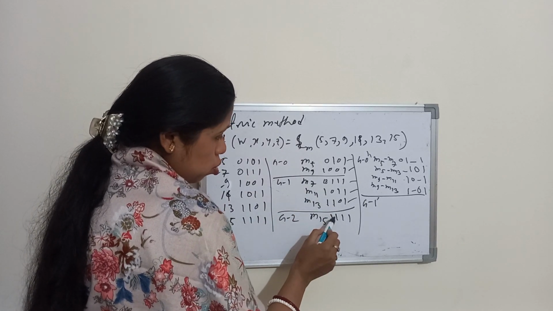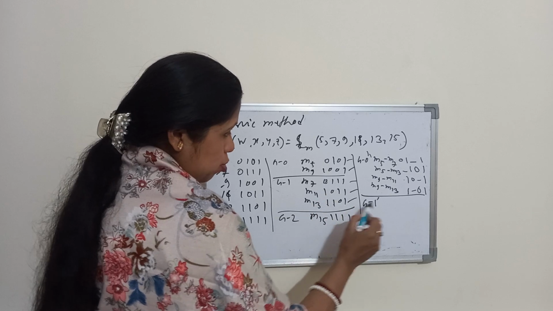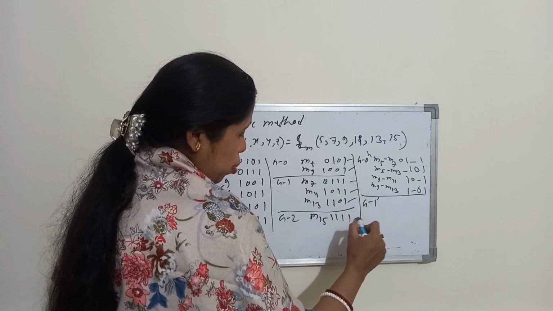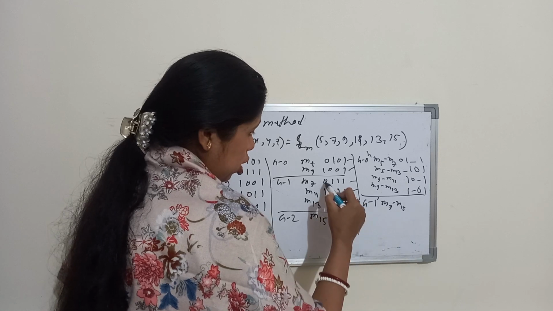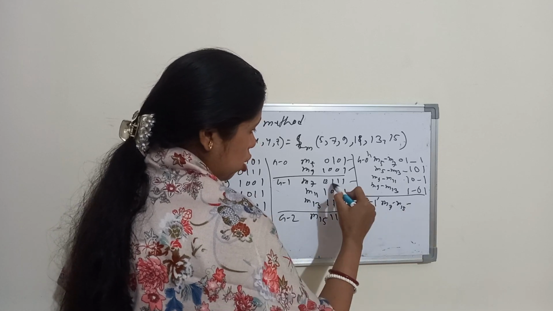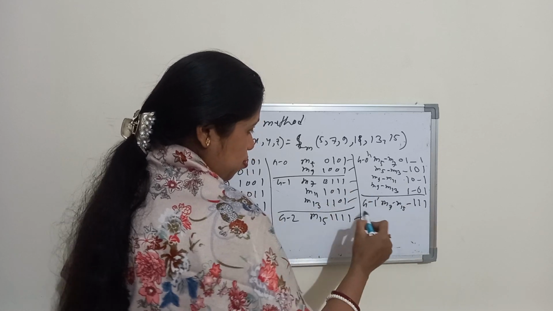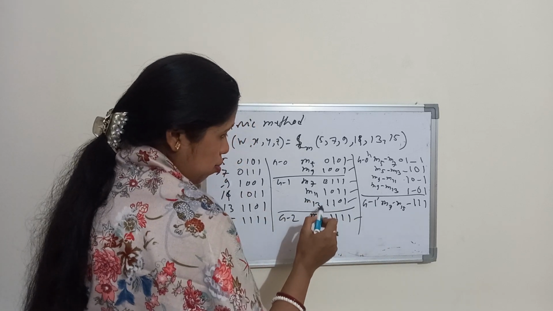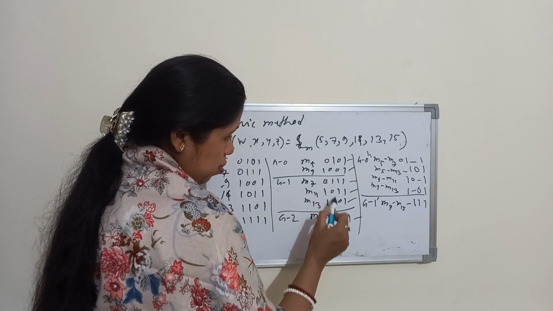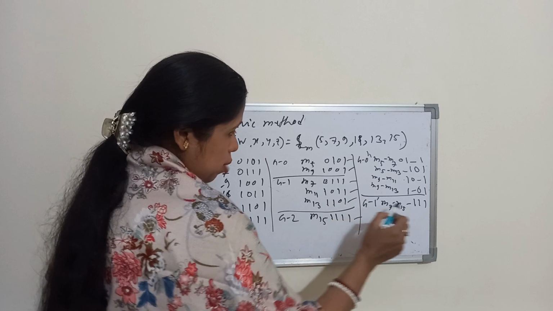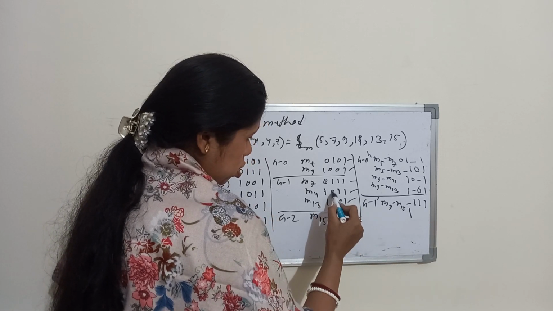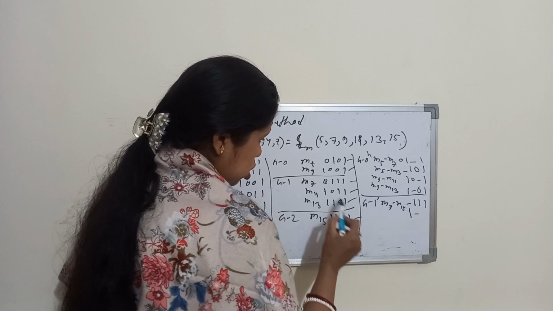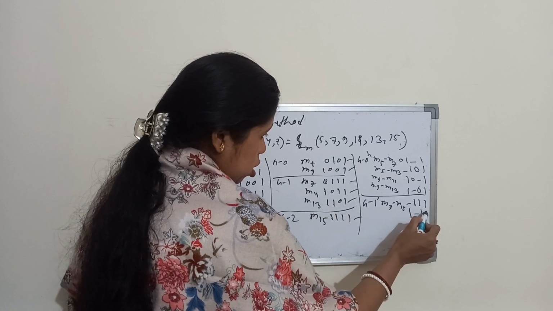So here 0, 1 different. All three are same. So M7 is compared with M15. The first bit is different, dash, and all three bits are same. Now M11, M15. Here it is same, it is different and both are same. So it is also compared. 1, dash, dash, here on 1.